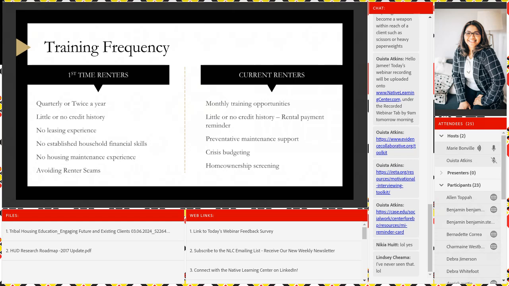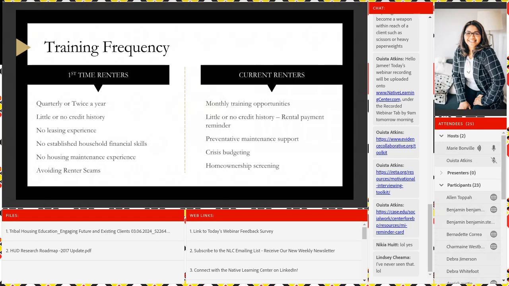Let's talk about current renters. Monthly training opportunities. Right now, oh gosh, the name is going to escape me, there's a CDFI that provides credit counseling services. So maybe you don't provide it, but there are other organizations that can. And so reminding them of the fact that they can use those services.